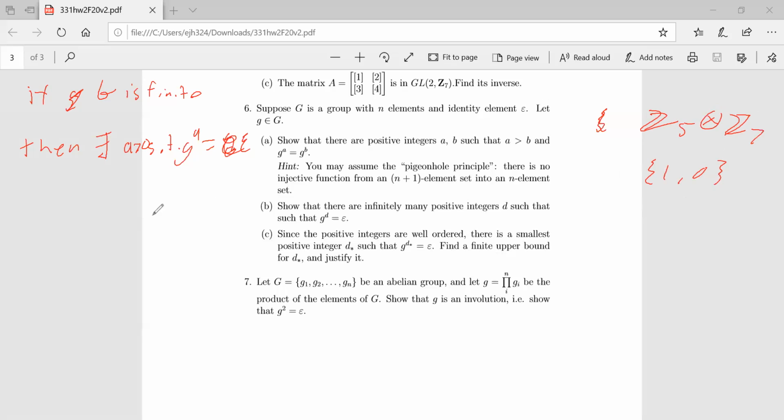So that tells me that no matter what, if I raise G to the cardinality of G, it's going to be the identity, regardless of what G I start off with. So if I just pick G to the B plus the cardinality of G, then set this guy equal to A. That will work.